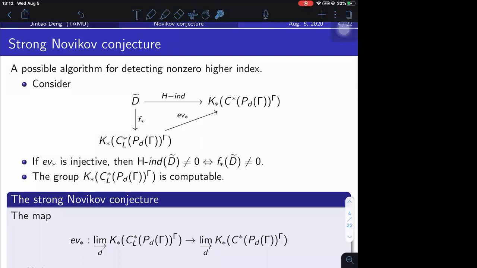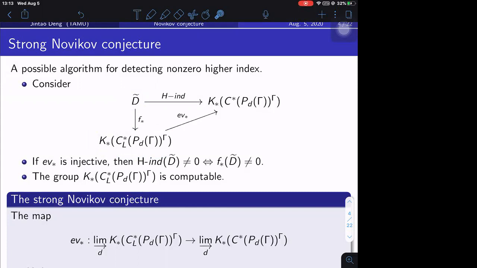So we have a commutative diagram. Here, this is topological data, and this is the K-theory of the algebra we care about. If you have any lifting Dirac operator, you can take the Roe index, and it takes value in the K-theory of this algebra, but it is hard to compute. And actually, we can find a reference map to push forward the lifting Dirac operator to some Rips complex, and then we will get a class in the K-theory of the localization algebra.